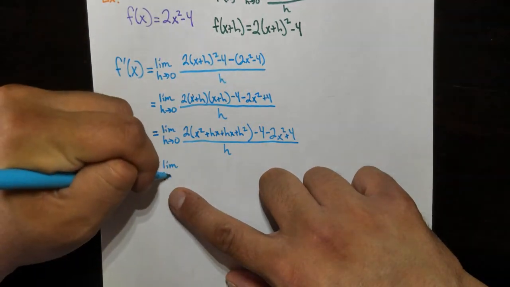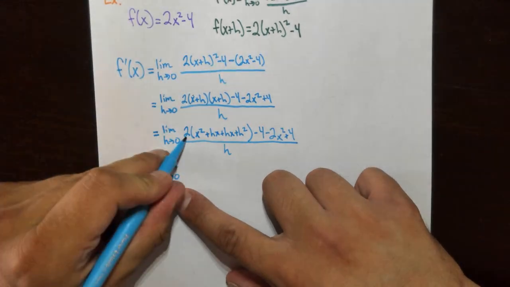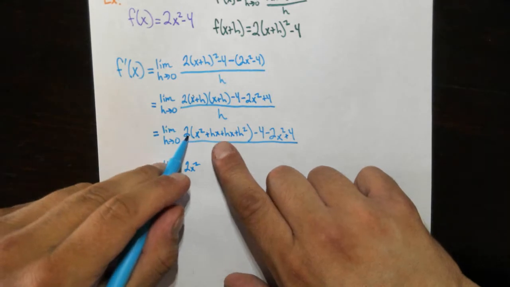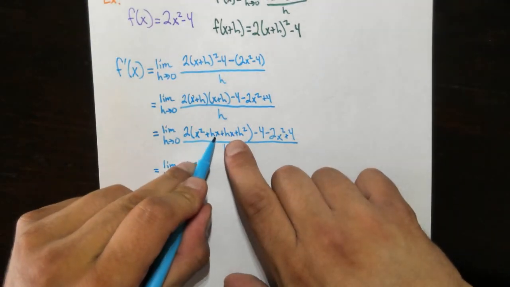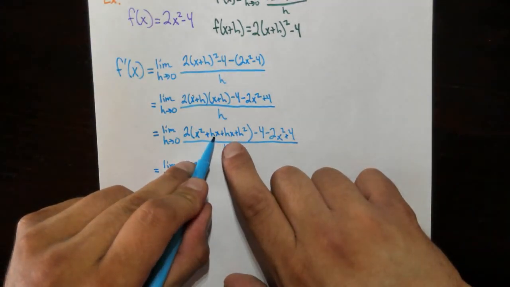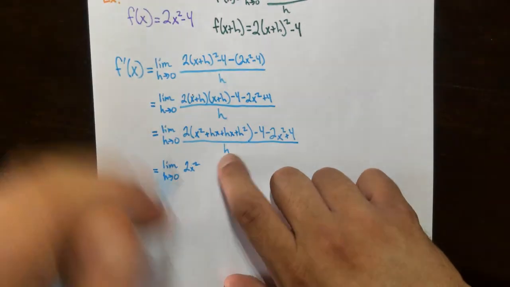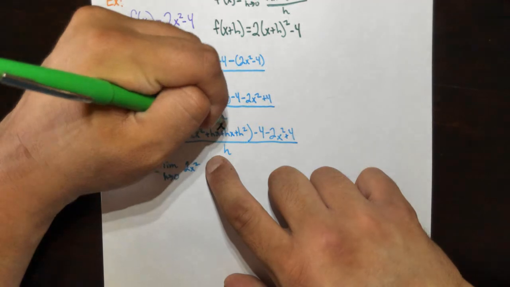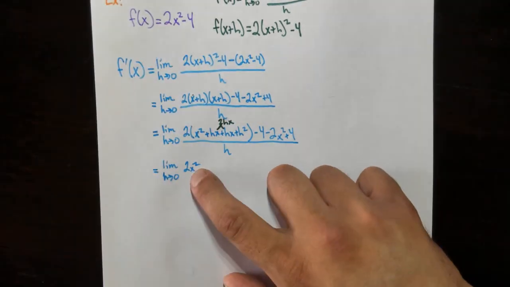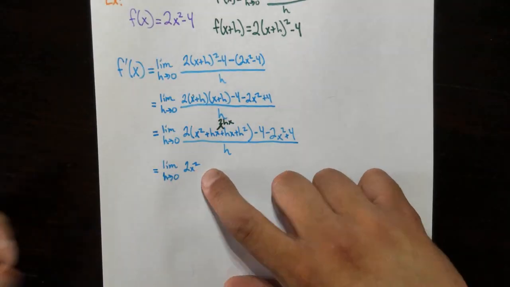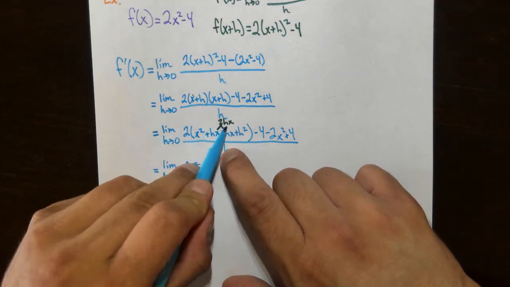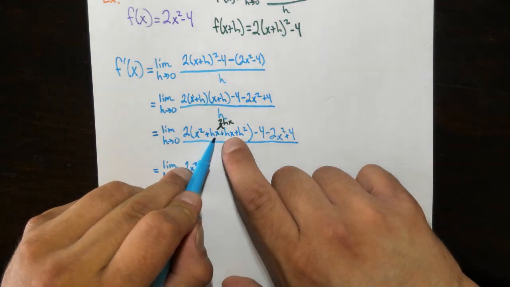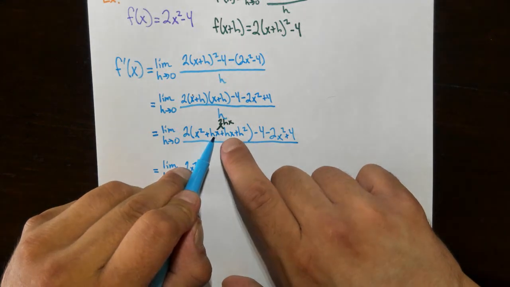So limit as h approaches 0 of 2 times x squared is 2x squared. And then we can combine these, can't we? Isn't this hx plus hx 2hx if we were to add them together? So let's just do that in one step. So let's multiply 2 times 2hx. Again, this 2hx I got just from adding these two together.